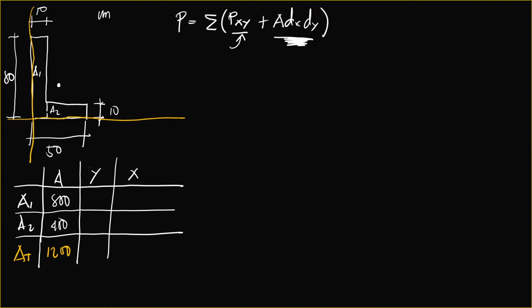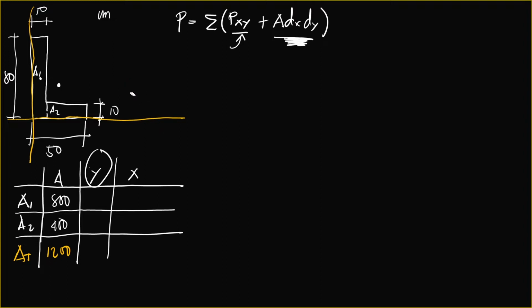So, for A1, what's the value of y? 40, right? Do you agree? 40. See, here is its centroid. What is its distance from the x-axis? That is its y, because this distance is along the y-axis.